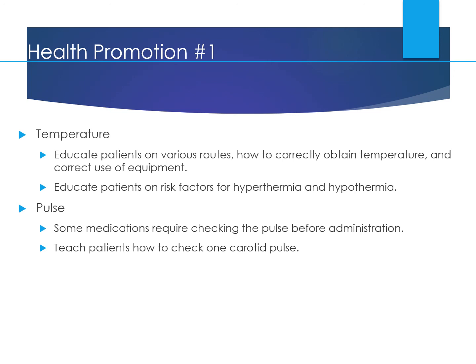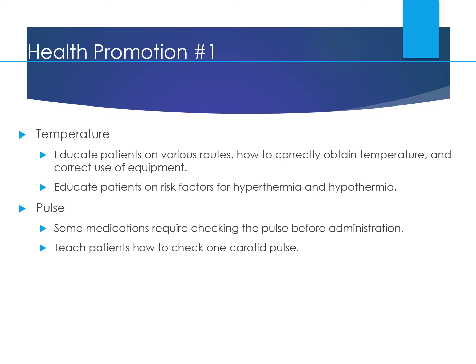For pulse, there are certain health promotions that we need to keep in mind. We need to educate our patients that there are some medications for which we need to check the pulse before administration, for example digoxin, which may lower the heart rate.